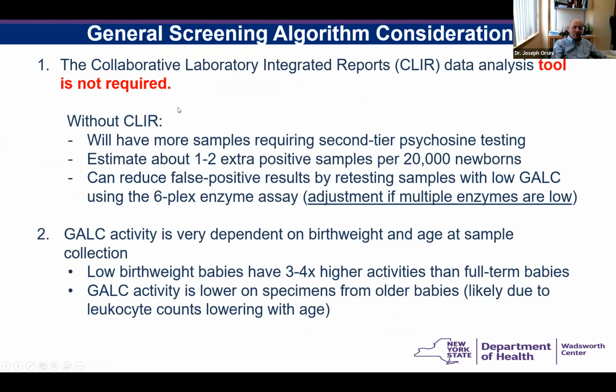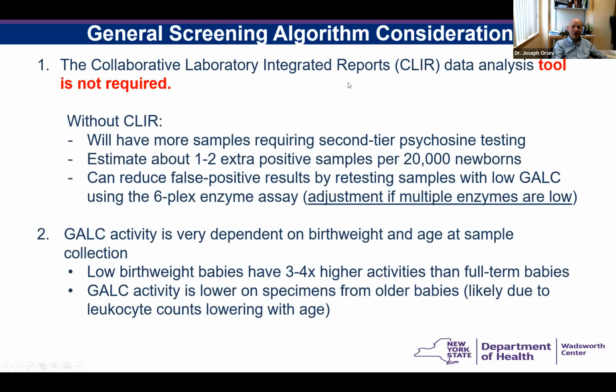One of the things I talked about is the ability to use all of the enzymes to get a better idea of how real this low GALC sample is. Well, the Mayo group has developed something. They didn't develop it specifically for Krabbe disease.